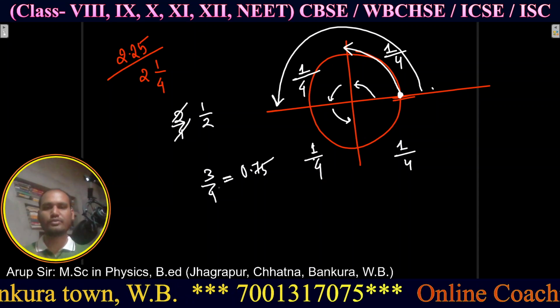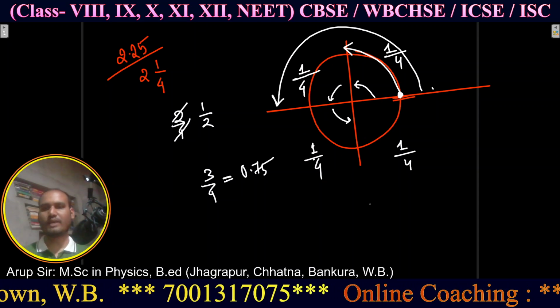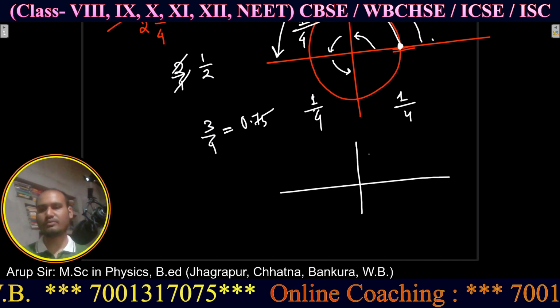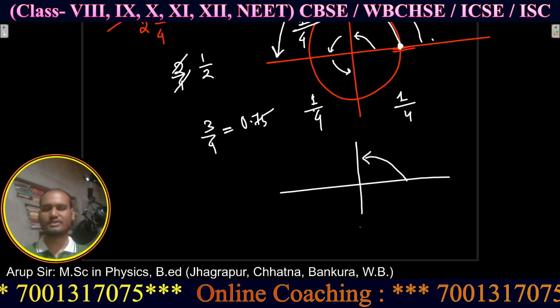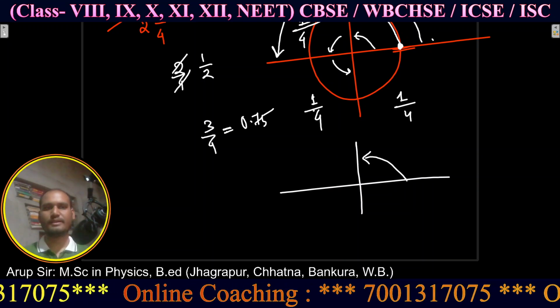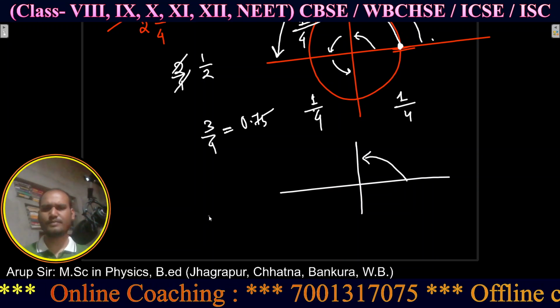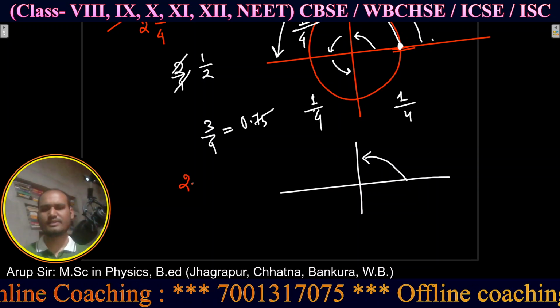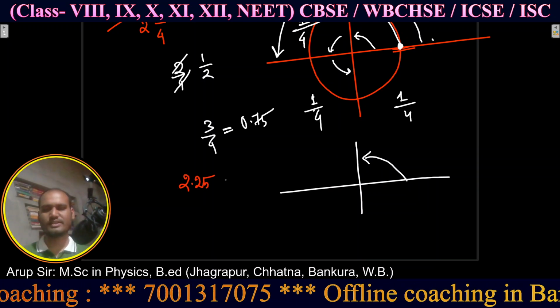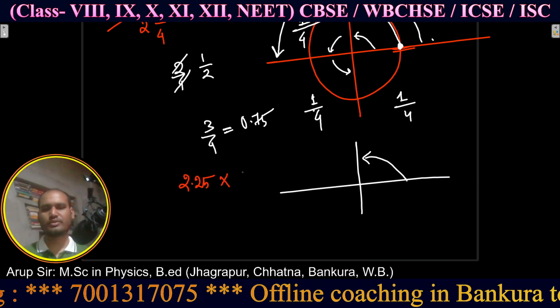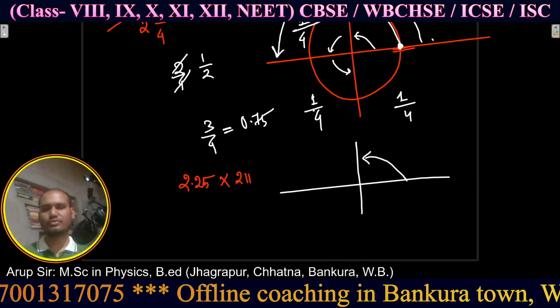So 0.25 means 1 by 4, and for 1 by 4 what you need to calculate is this distance. In case of distance, it is simple. If 2.25 full rotation is performed, it means 2.25 into 2 pi r.